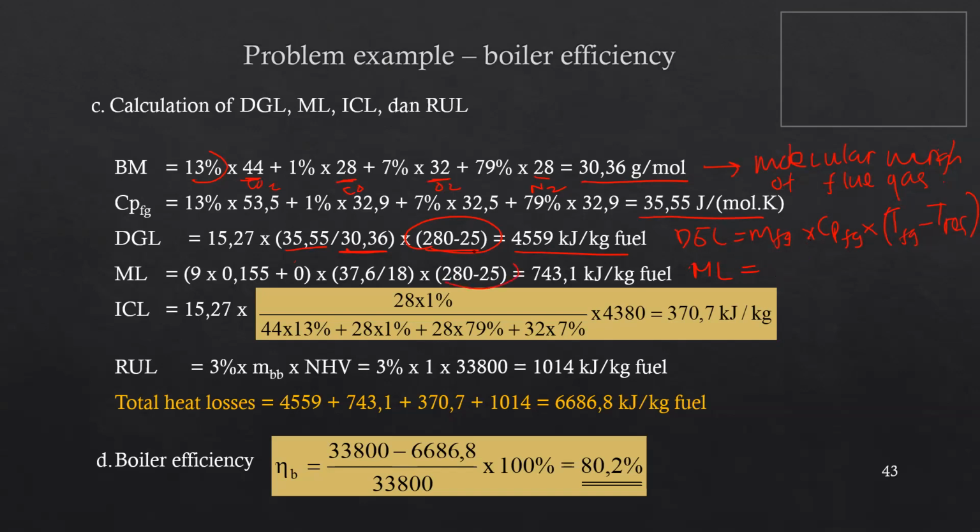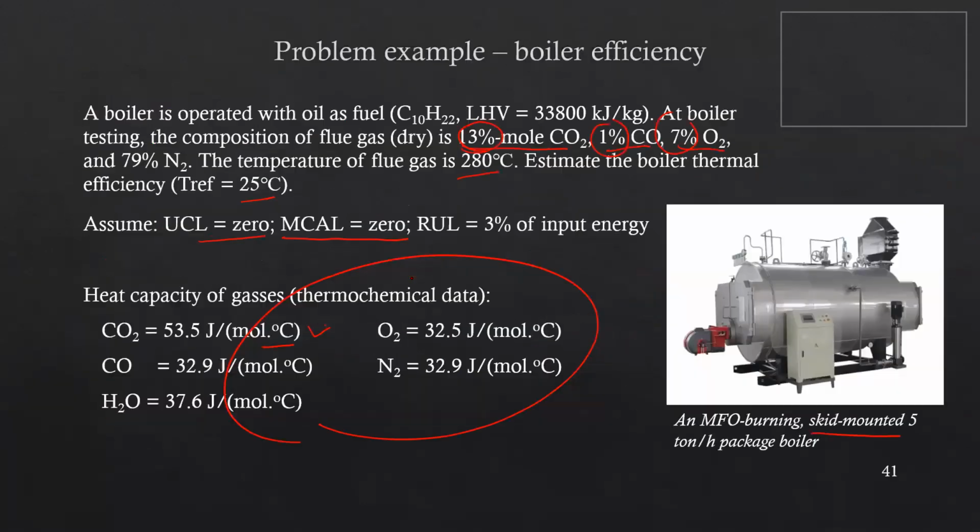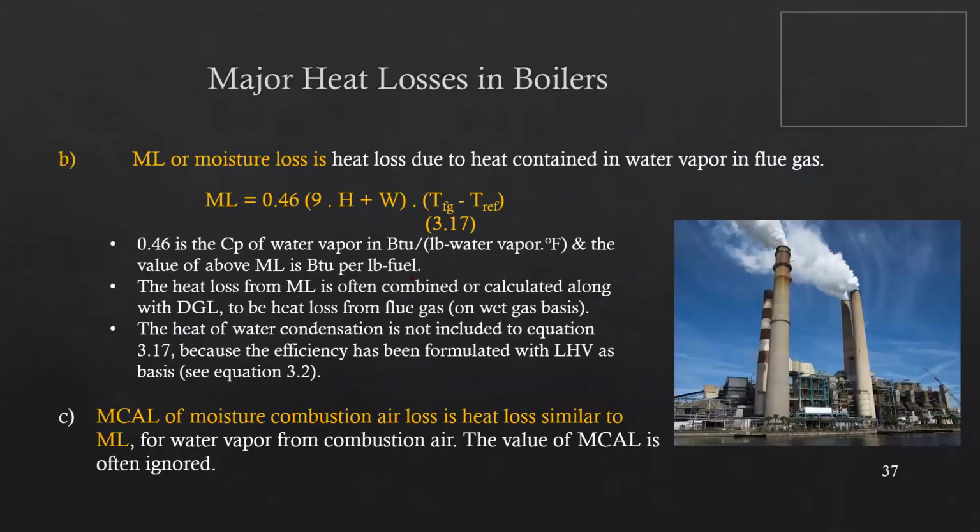So this is the same. So we have the temperature of the flue gas minus the temperature of the reference, and what is 37.6 in here? Let me have a look at the formula first. Okay, so we have the moisture loss, which is 0.46.